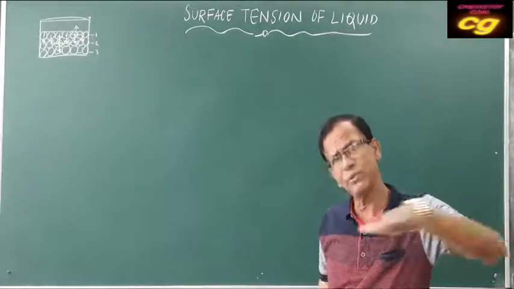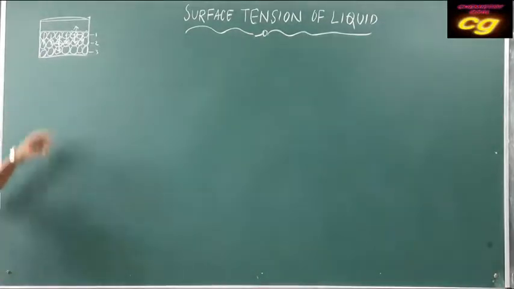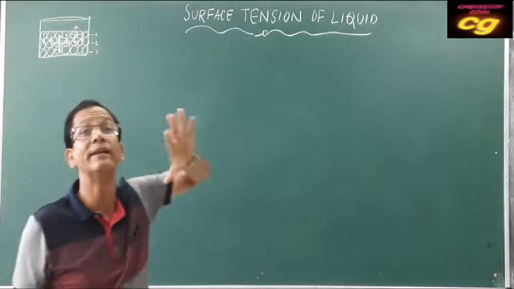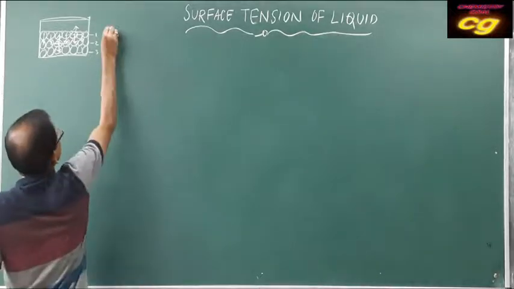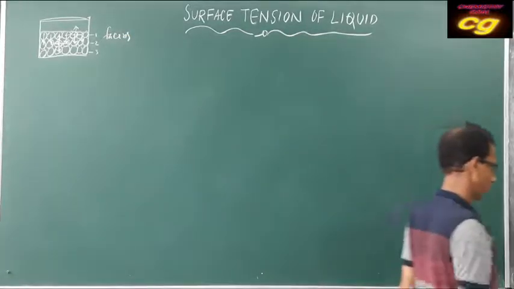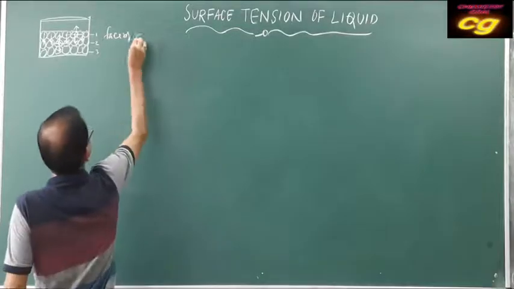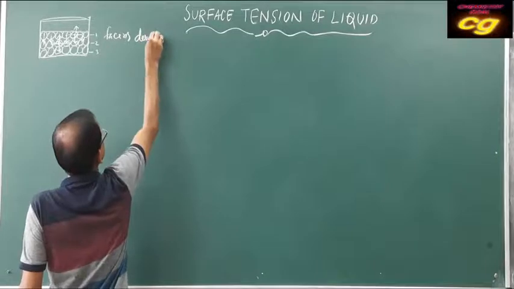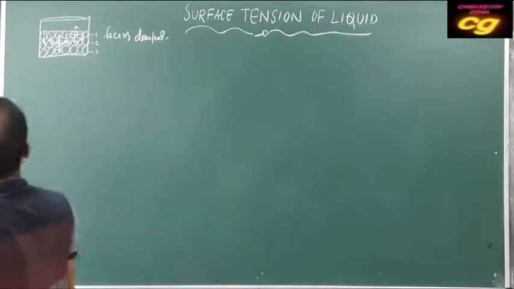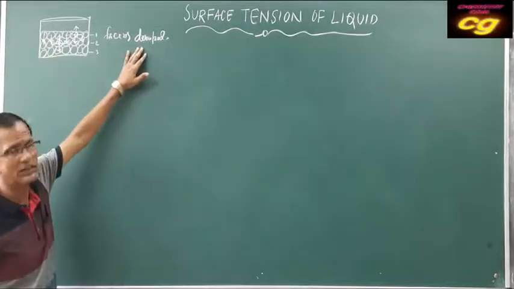So the surface molecule is always facing a downward pull. That's why it is always in tension.